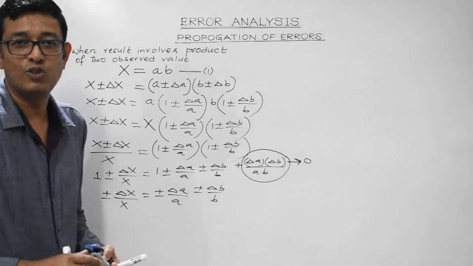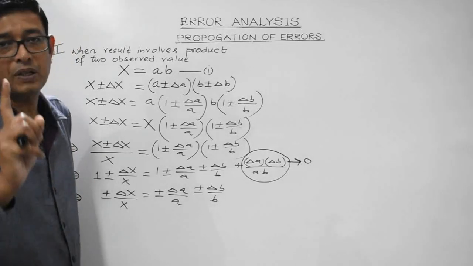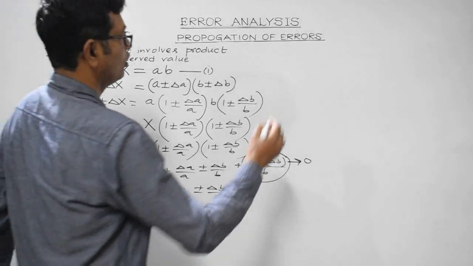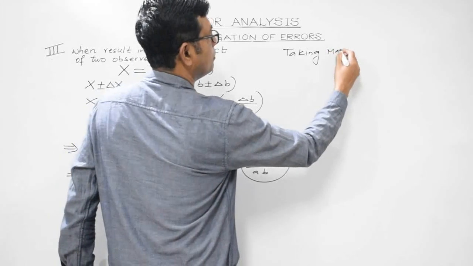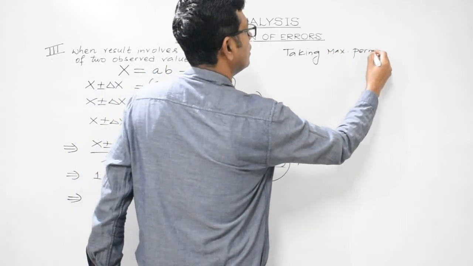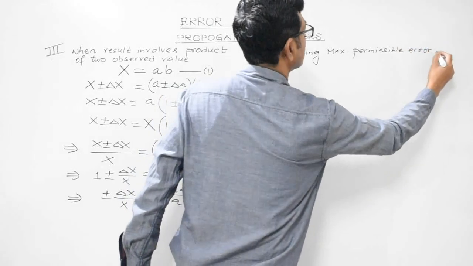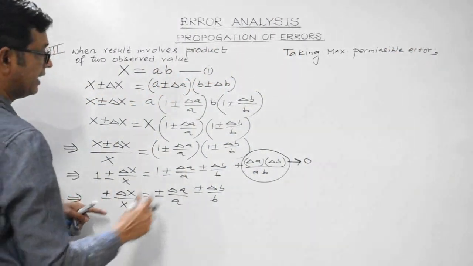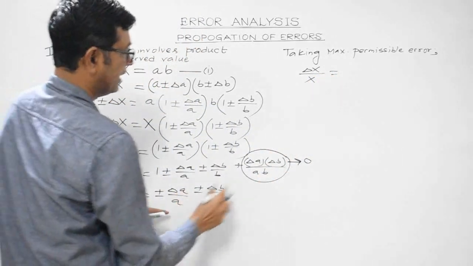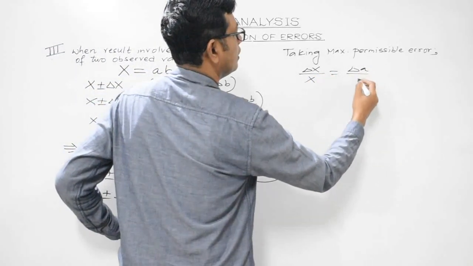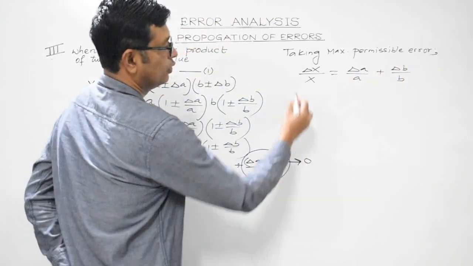But as I have told you, while dealing with errors, we need to consider maximum permissible error, right? So, taking maximum permissible error, what we get is del x by x is equal to del A by A plus del B by B. So this is the result.